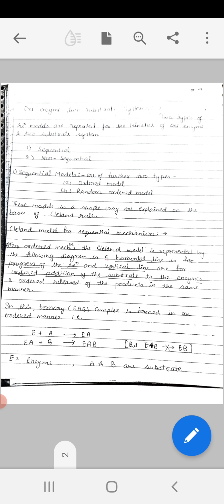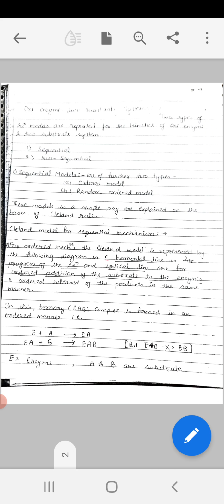You will see a diagram on the next page, in which the ordered model of Cleland is represented with a horizontal line showing the progress of the reaction, and vertical lines for the ordered addition of the substrate to the enzyme and the ordered release of product in the same manner.